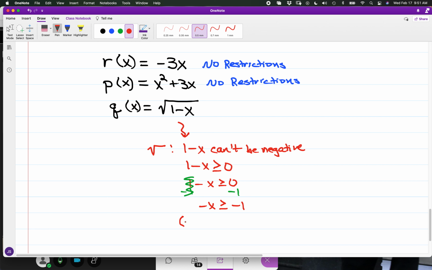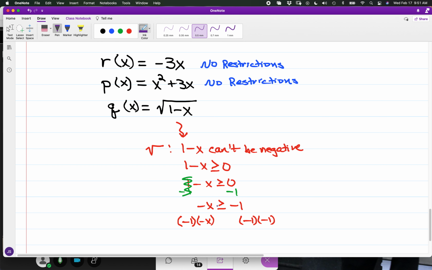So if I multiply or divide everything in the inequality by negative 1, again the dynamic that will play out is that the direction of the inequality is going to change. So we have for x, we have this to be less than or equal to 1. So we have for the restriction placed upon q of x, we're going to have that x must be less than or equal to 1 in order for this function to be defined in the system of real numbers.